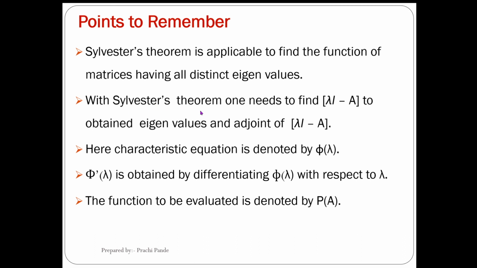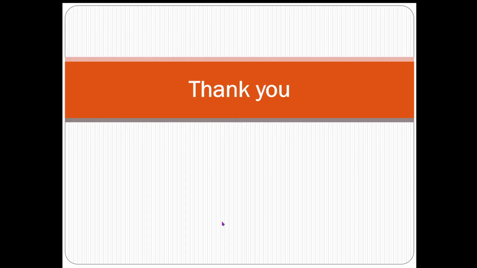With Sylvester theorem, one needs to find the matrix lambda I minus A to obtain the eigenvalues and the adjoint of lambda I minus A. Here the characteristic equation is denoted by phi of lambda, and phi dash lambda is obtained by differentiating phi of lambda with respect to lambda. The function to be evaluated is denoted by P of A.